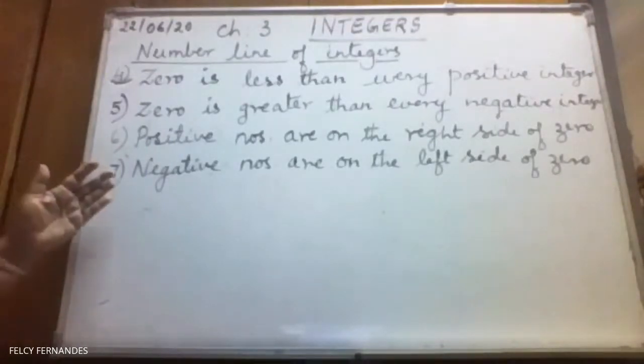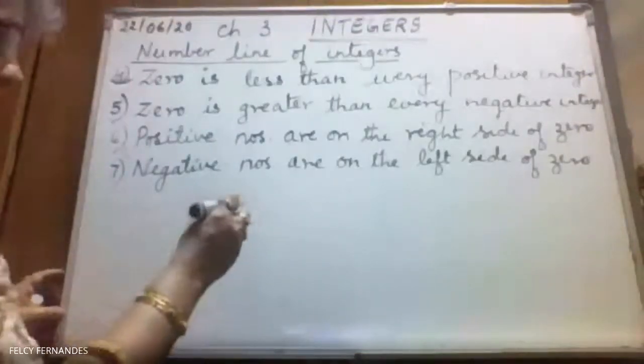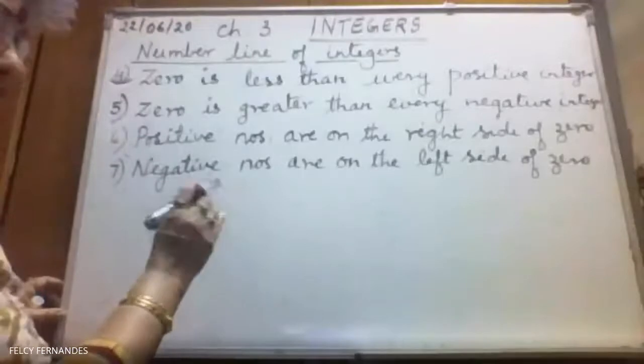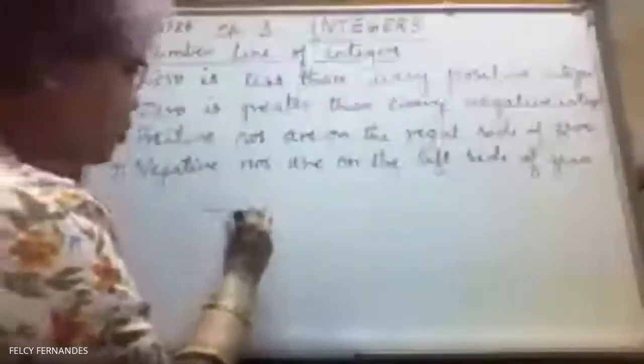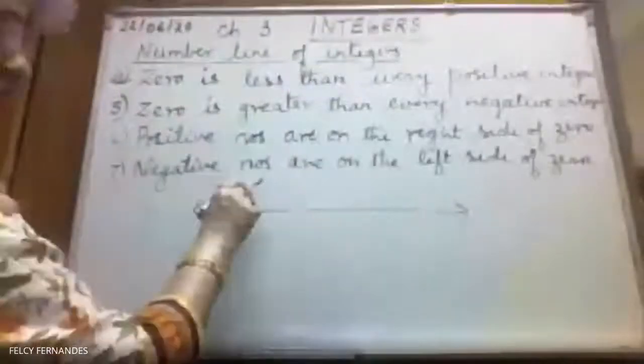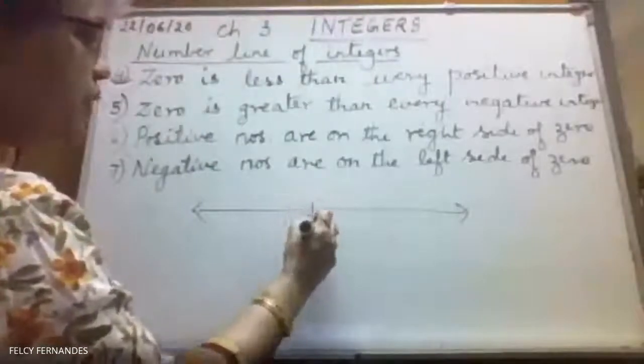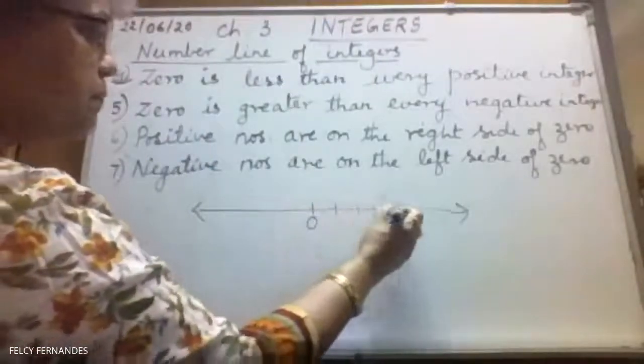I hope till 7 points are clear to you. Now to continue with that, let me just draw, don't write now, I'm going to explain with the help of a number line. Only till here you should write, till point number 7. Now listen further to my explanation.